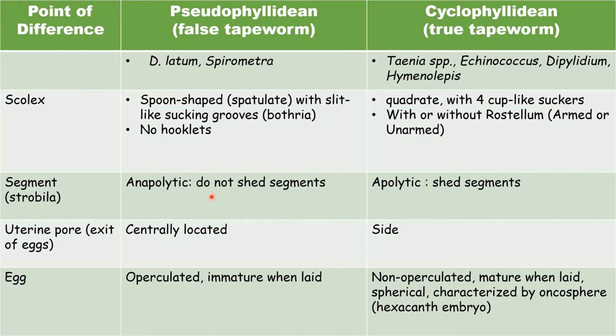So, to differentiate the two, the more complicated and more infective one is the apolytic, because since it can detach its segments, and we know that gravid segments, once detached, can spread eggs. So they can be motile.